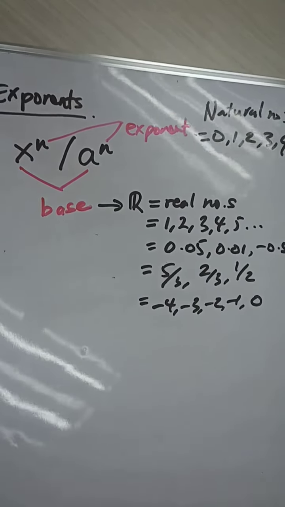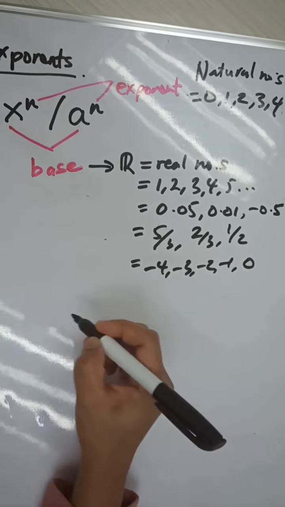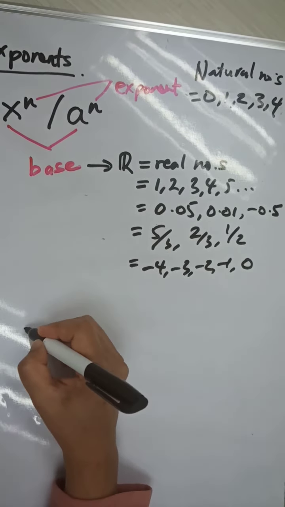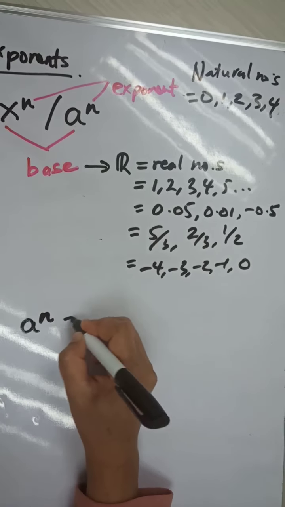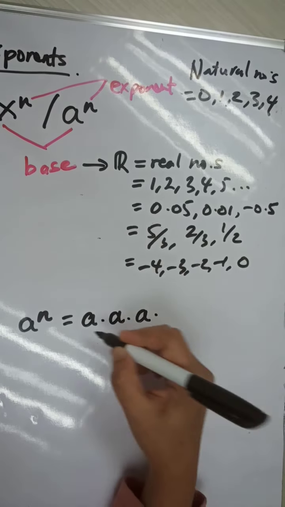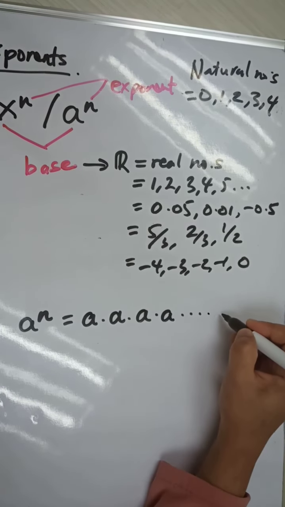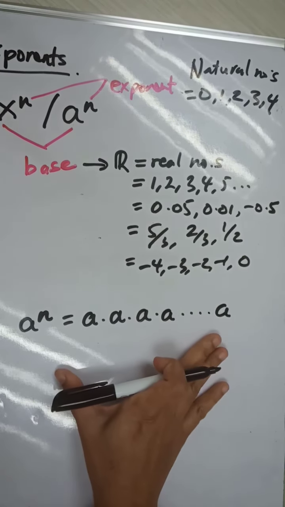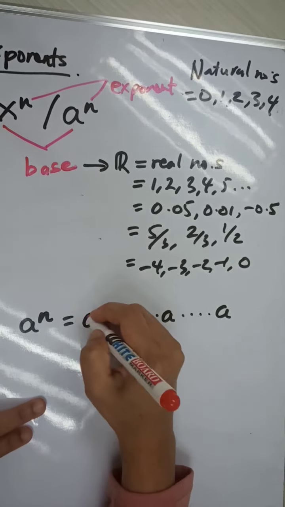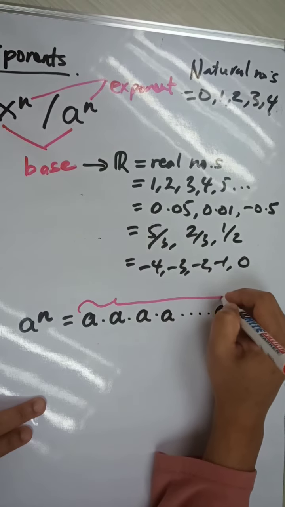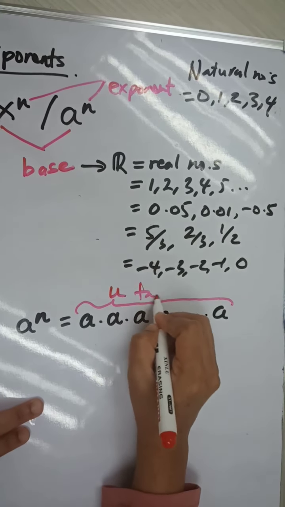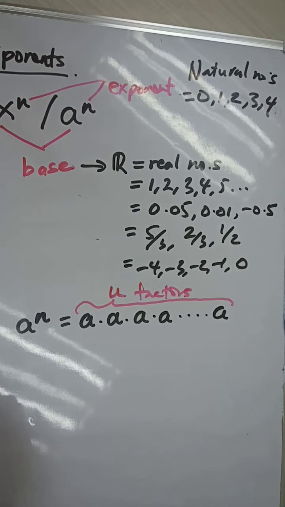I will give you examples. For example 1, let's say I write a power of n. It means that a is multiplied many times. This is what we call n factors. We do not know how many times we multiply.